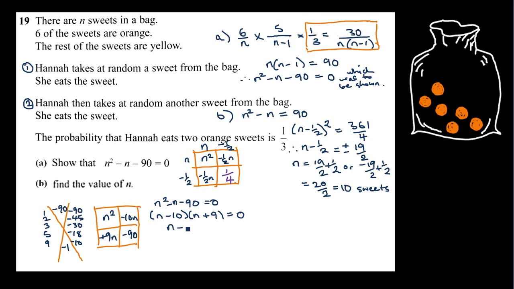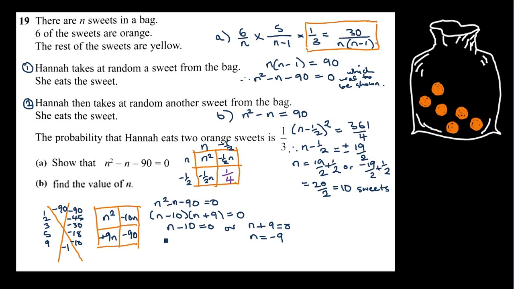So we've either got n minus 10 equals 0, or n plus 9 equals 0. And in this solution n would equal minus 9, which was our negative 18 over 2 on the right hand side here, which we also disqualified.